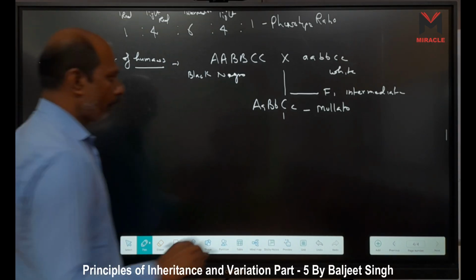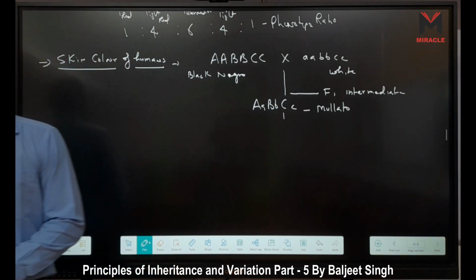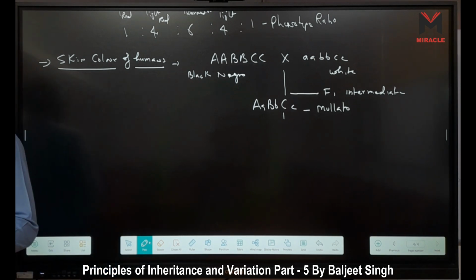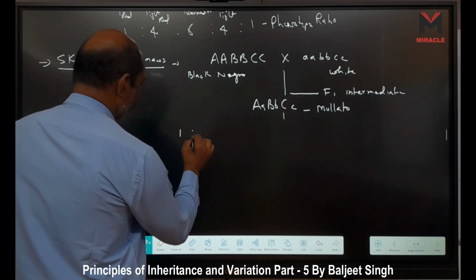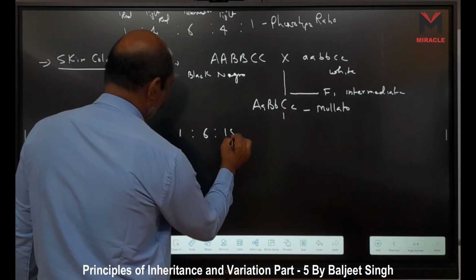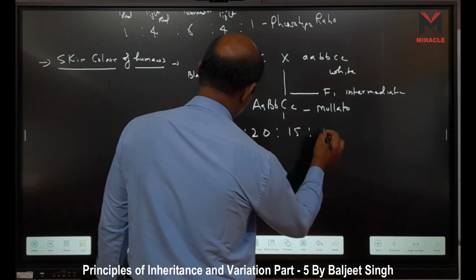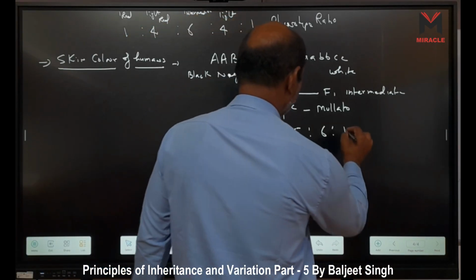And here what ratio we get? Here we can say 1, 6, 15, 20, then 15, 6, 1. We get the ratio 1 is to 6 is to 15 is to 20 is to 15 is to 6 is to 1. That is the phenotype ratio.